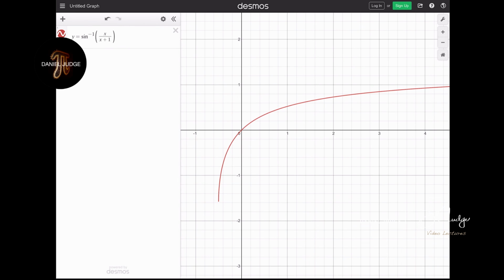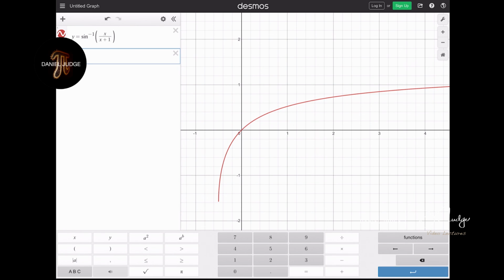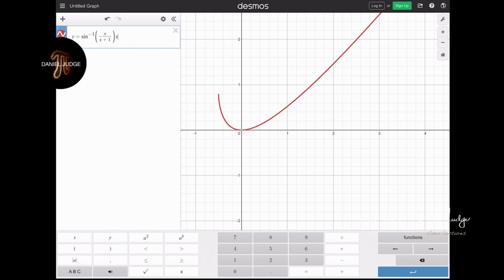Over here, by the way, if I try to do something here, x equals negative 0.5.